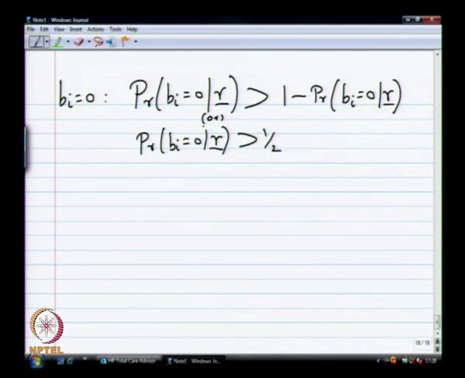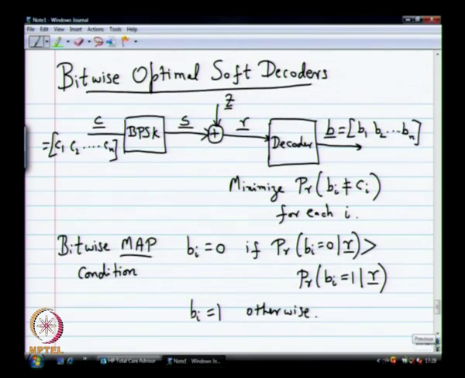Another very popular equivalent condition uses what is known as the log likelihood ratios. So what you do is, Bi is 0 if probability of Bi is 0 given R is greater than probability of Bi is 1 given R. You divide both sides by the right hand side.